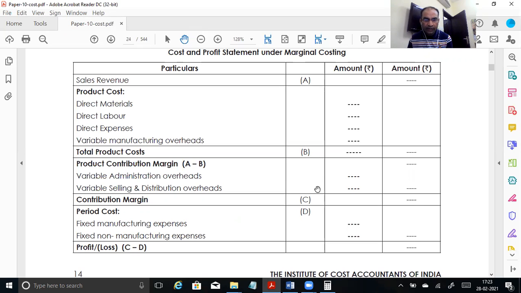Then he has subtracted further and got product contribution margin; variable administrative costs are also variable. So this much bifurcation is not needed. You can simply prepare your format as per the format I have given to you. Finally he has subtracted the fixed cost and got the profit or loss.